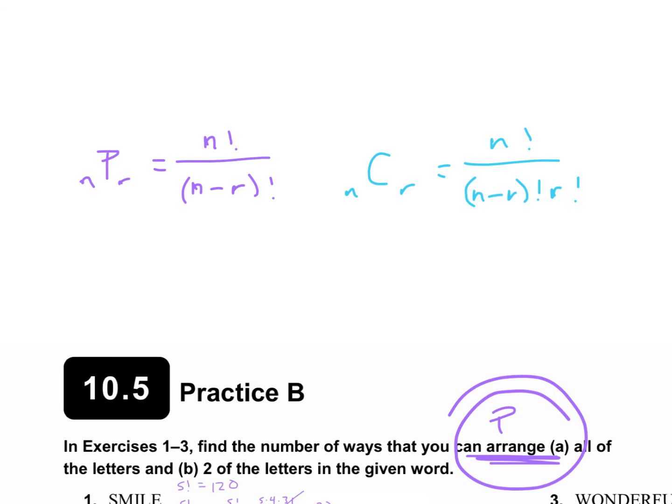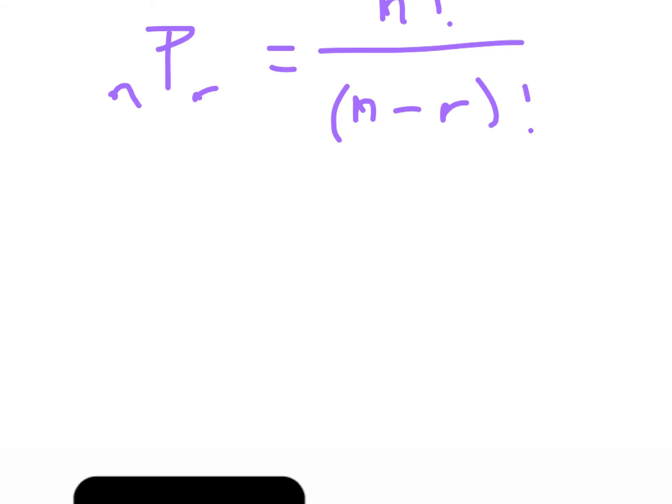So permutations and combinations. I'll also write a few keywords for permutations here. If it says arrange, sorry, my handwriting is so bad. My pencil's not working. So if it says arrange, it's a permutation. If it says different, permutation.